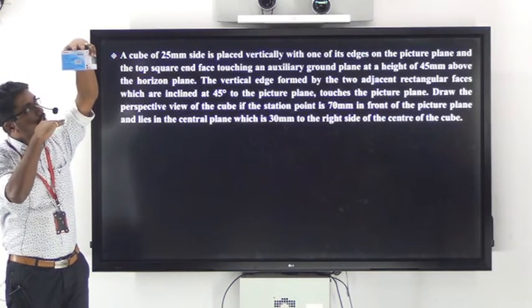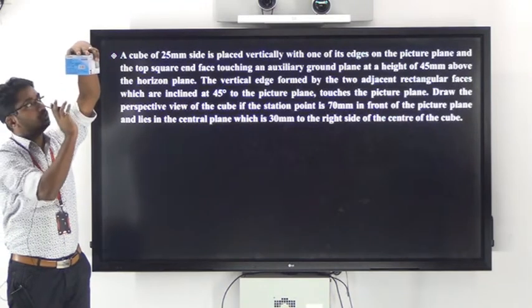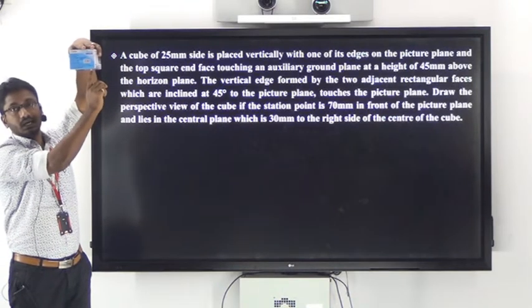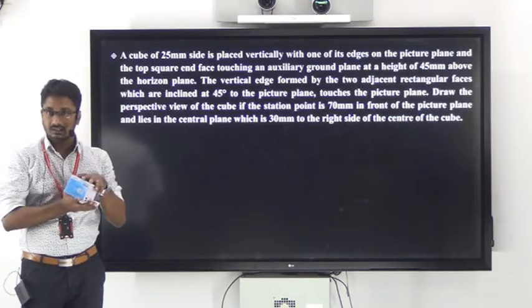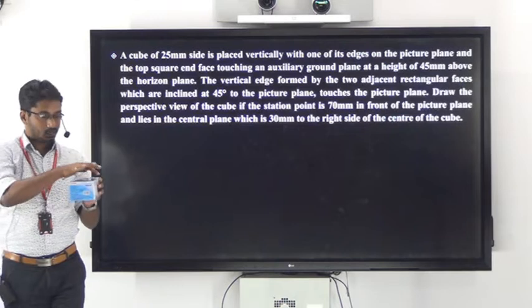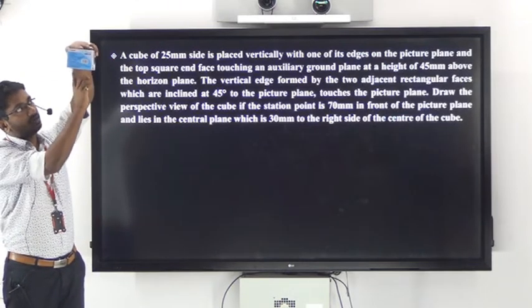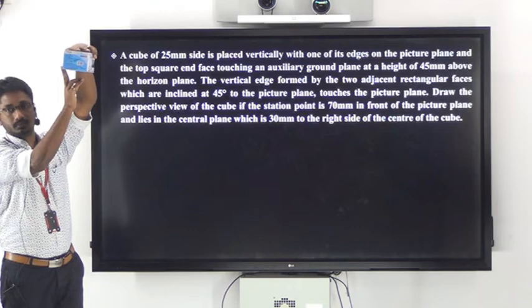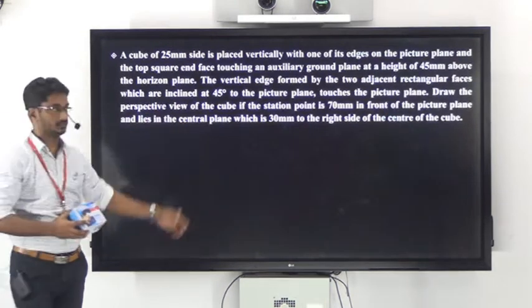So you are looking at the object from below. That means you can see the complete bottom face. So the difference between this question and the last question is, in the last question we could see the top face of the cube, and in this question we can see the bottom face of the cube. So we can start the problem.